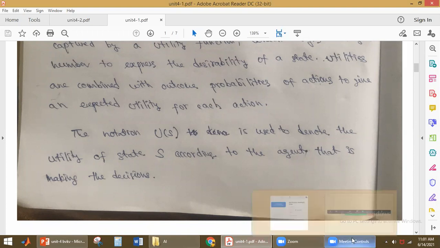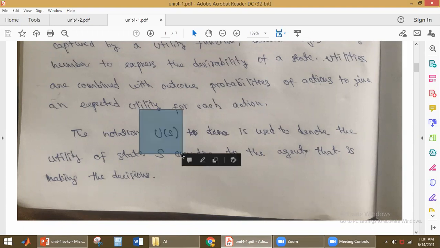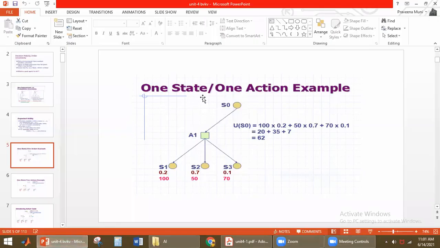Here we are using the notation U of S. U of S is the notation used to denote the utility of a particular state according to the agent that is making the decisions. So the utility for the state S naught for action A1 is denoted as U of S naught.